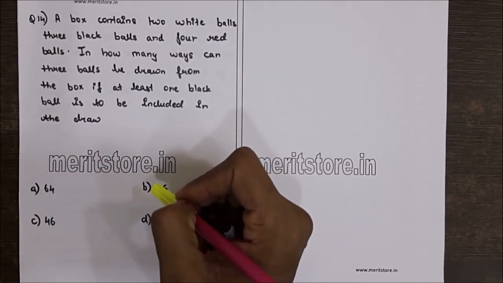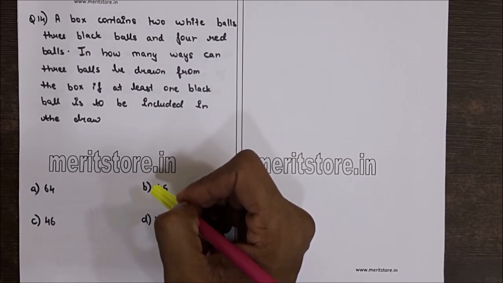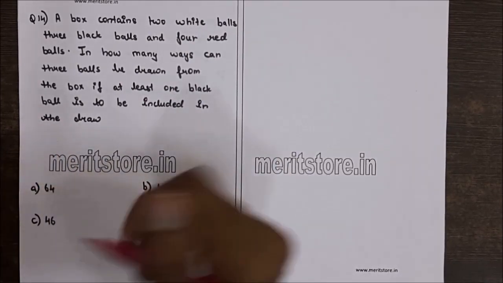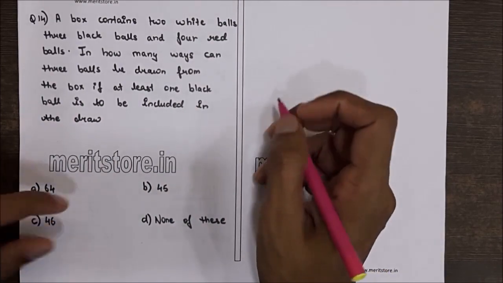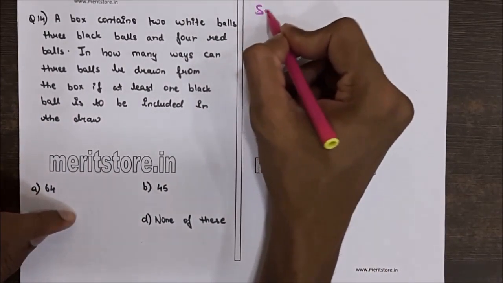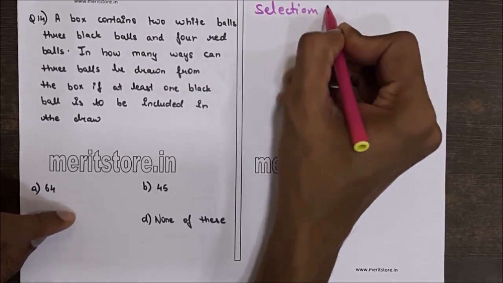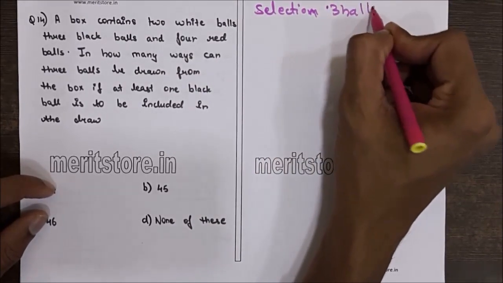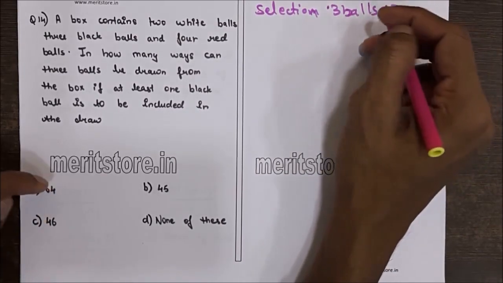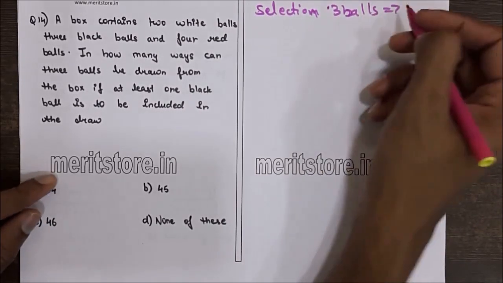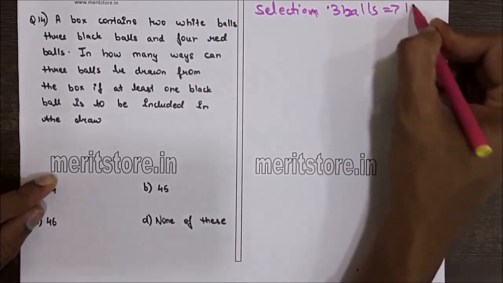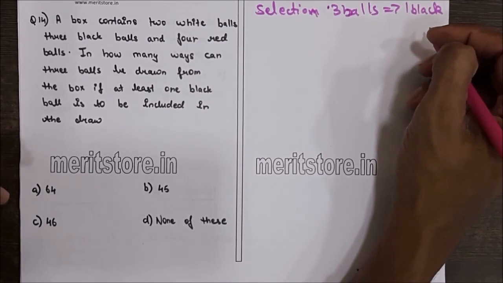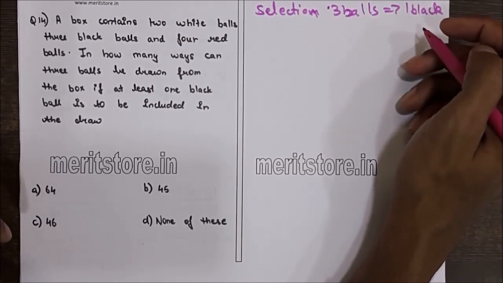We have 4 options: A 64, B 45, C 46, and D none of these. A selection of 3 balls so as to include at least 1 black ball can be made in the following 3 mutually exclusive ways.